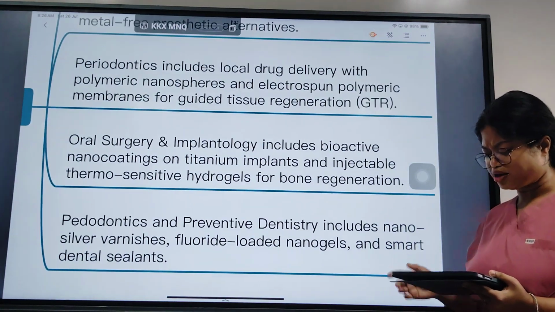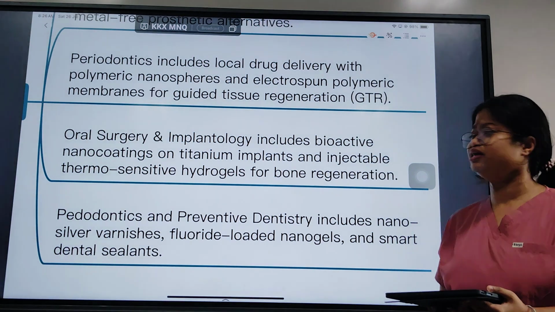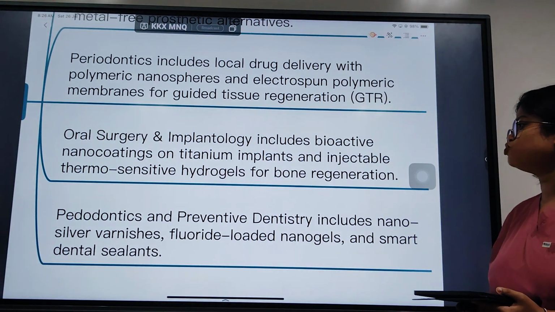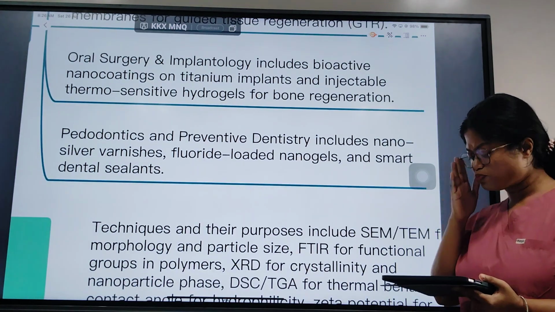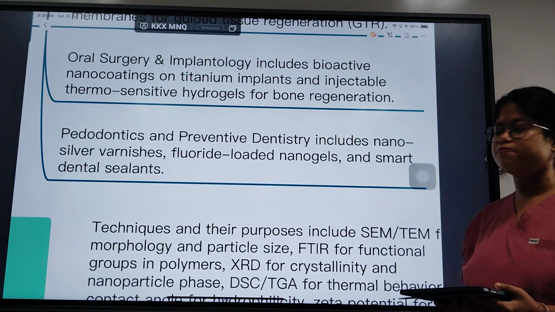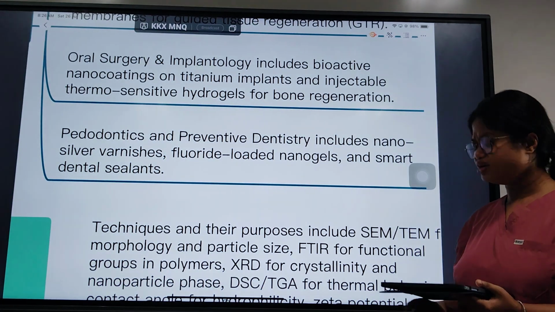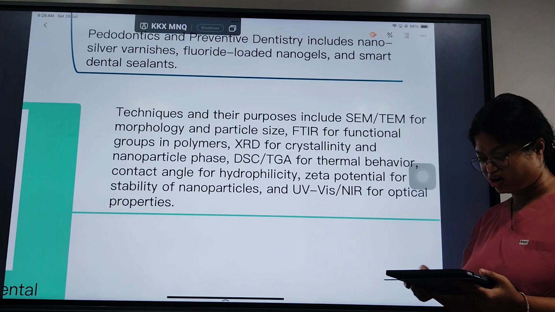For oral surgery and implantology, they use bioactive nano coatings on titanium implants and injectable thermosensitive hydrogels for bone regeneration. In periodontics and preventive dentistry, nano silver varnishes, fluoride-loaded nanogels and smart dental sealants are used in pediatric dentistry.